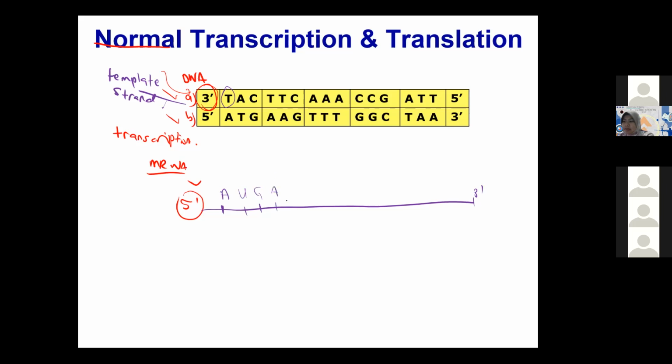A. T. Okay, good. Teruskan. U. Yes, very good. Lagi. U. A. Okay, that is your mRNA.